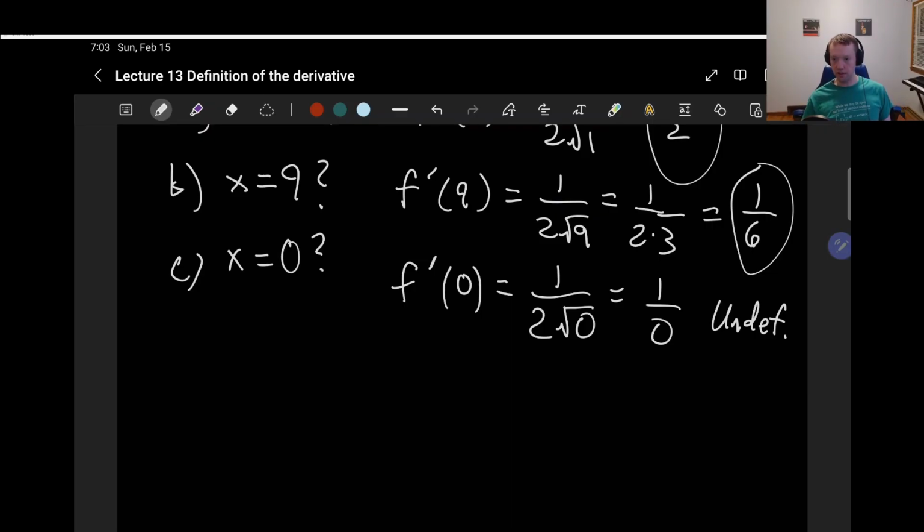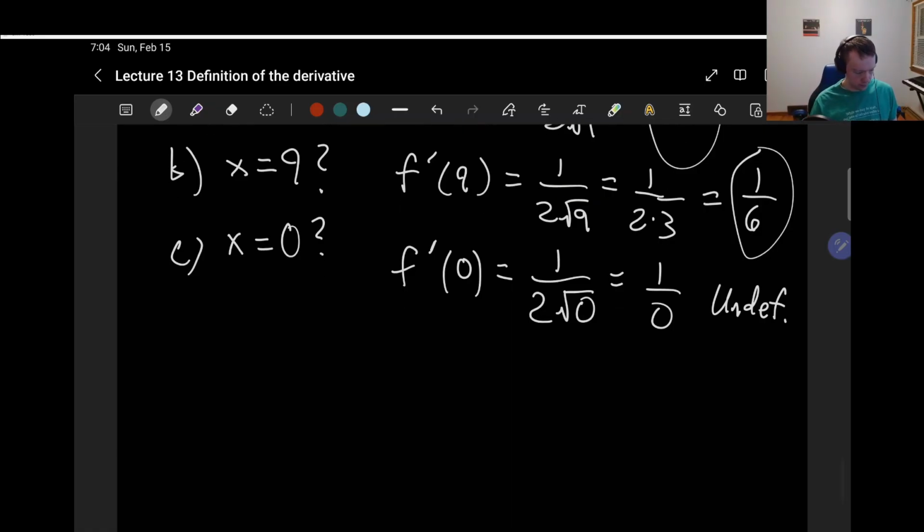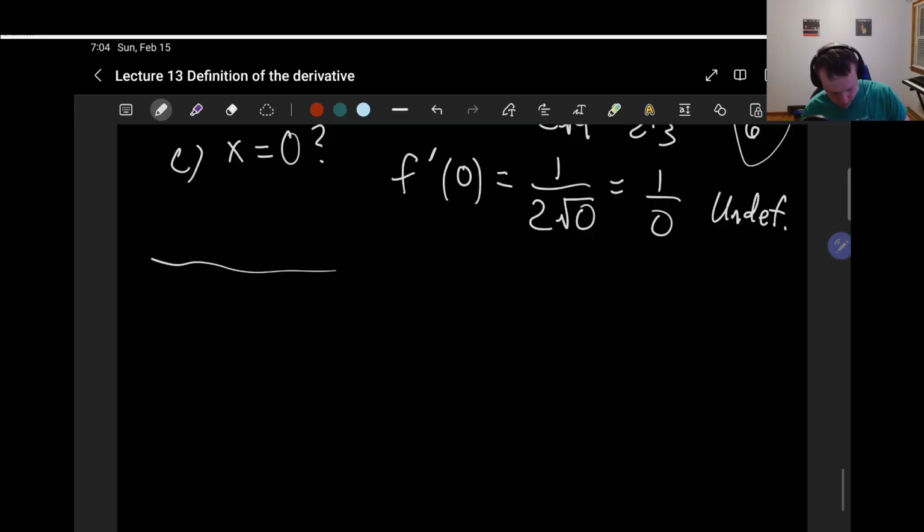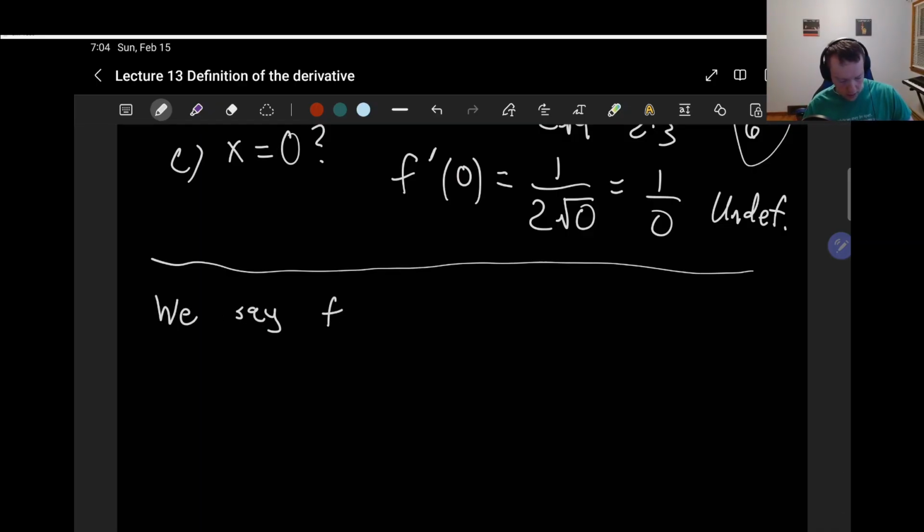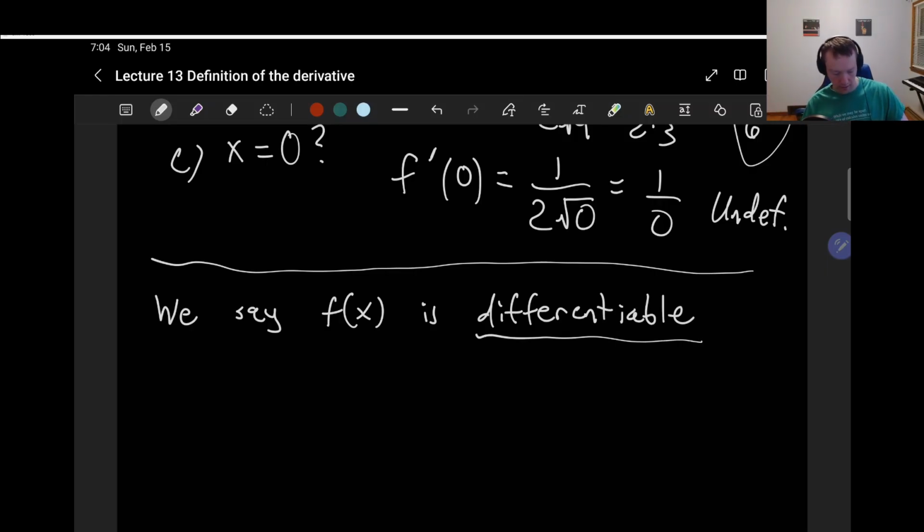Now this leads us into a discussion of what's called differentiability, meaning when are we able to take the derivative? We say the function is differentiable, and I'll often abbreviate that as diffable, because differentiable is a big pain to write.